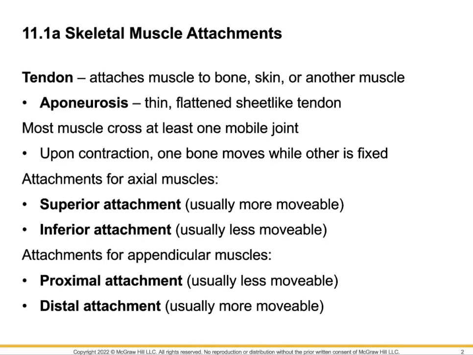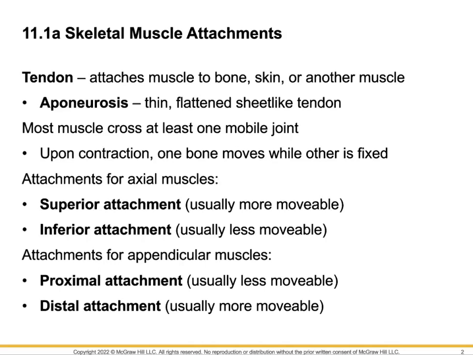So the proximal attachment, remember, closer to the body, is less movable because it's attaching something to the body. And the distal end is usually the end that is going to move more. Think about your biceps brachii, your gun show, right? Your arm muscle that we flex and show how big our muscle is.